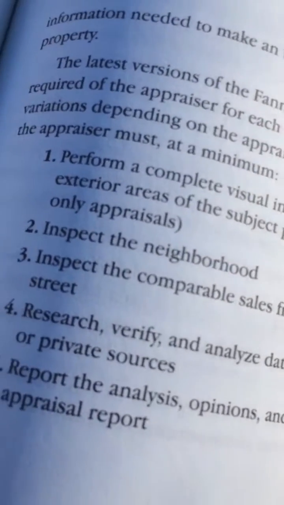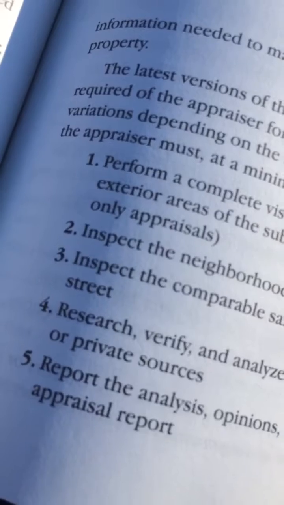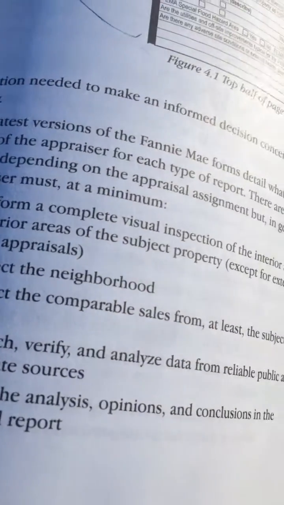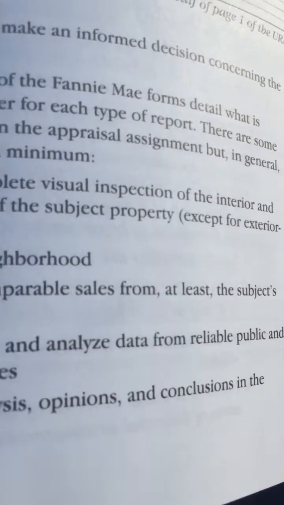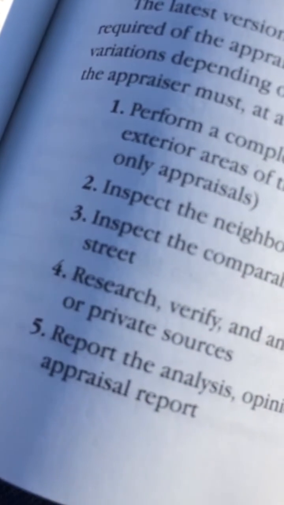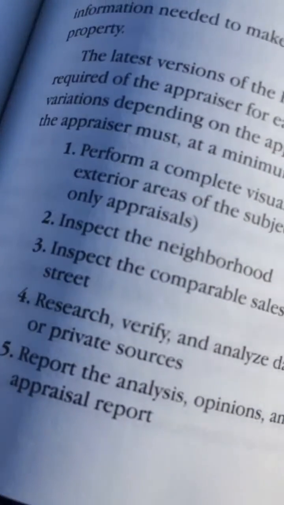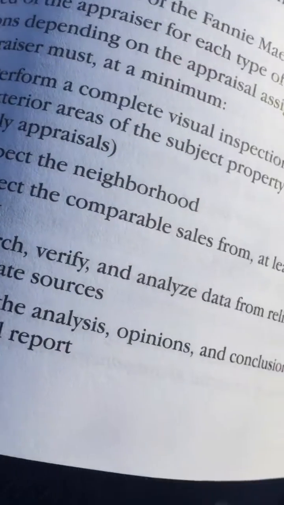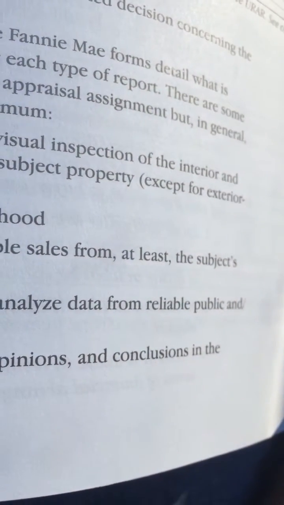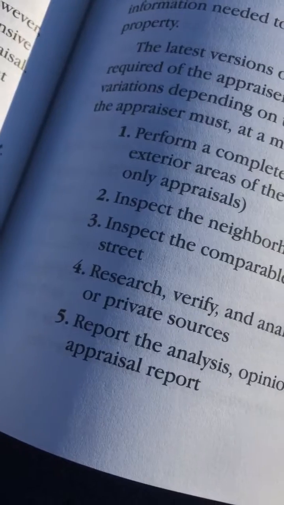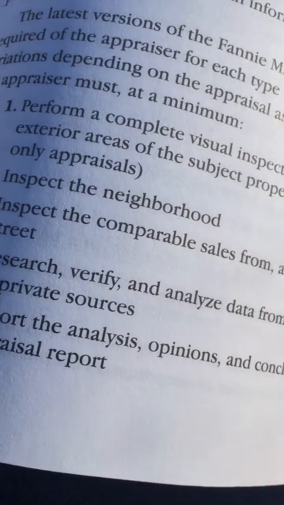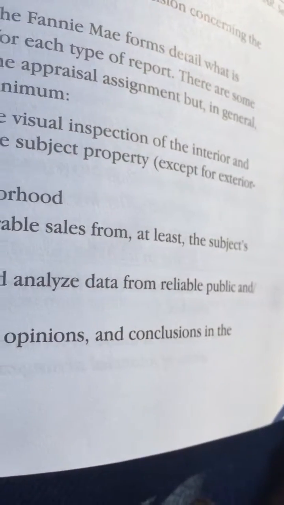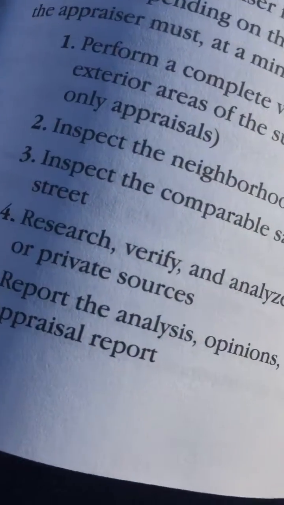Inspect the neighborhood. 3. Inspect the comparable sales from at least the subject's street. 4. Research, verify, and analyze data from reliable public and/or private sources. 5. Report the analysis, opinions, and conclusions in the appraisal report.